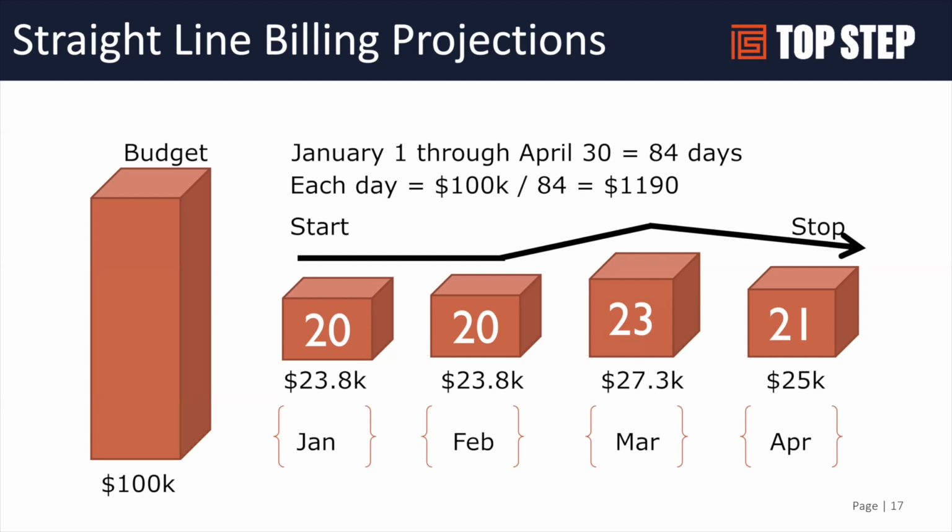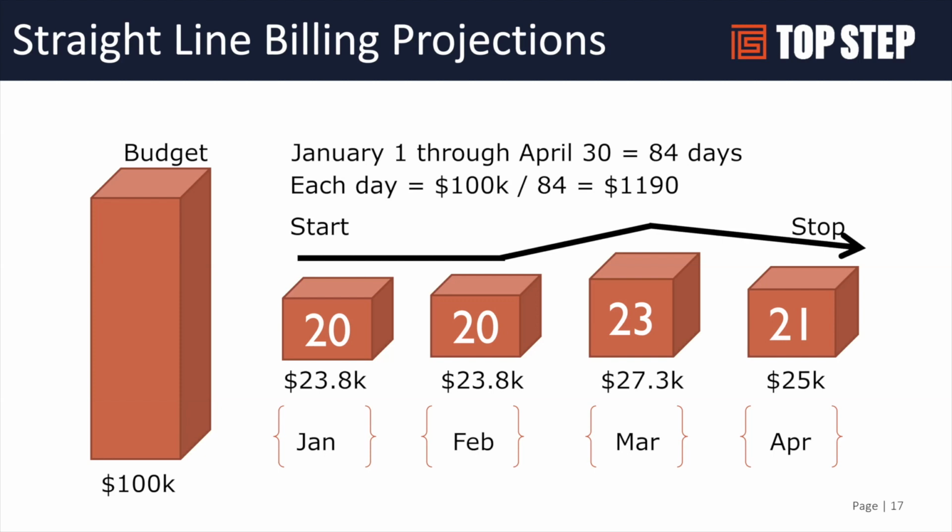And so what OpenAir will do, after you have this feature set up, is it will calculate the number of work days in each month, and divide the budget by the number of work days in between the start date and the end date stored on the project. So you have to have a start date on the project, you have to have an end date, and you have to have a budget for this to work.